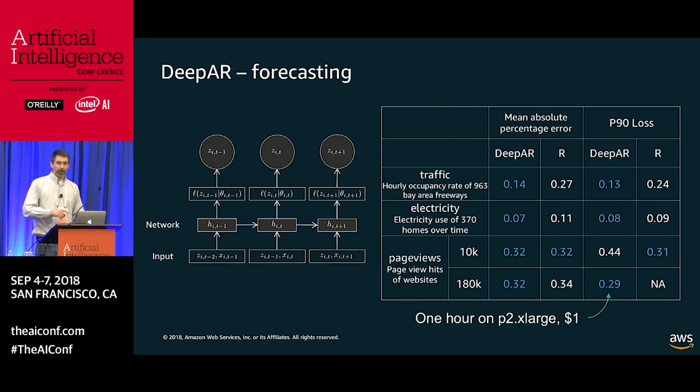If you think of ARIMA and Holt-Winters and even basic LSTMs, most of them are just designed to handle one time series at a time. Deep AR is a recurrent neural network-based forecasting algorithm, but it's designed to use the strength in numbers to generate better predictions on each thing, especially when it comes to cold starts.